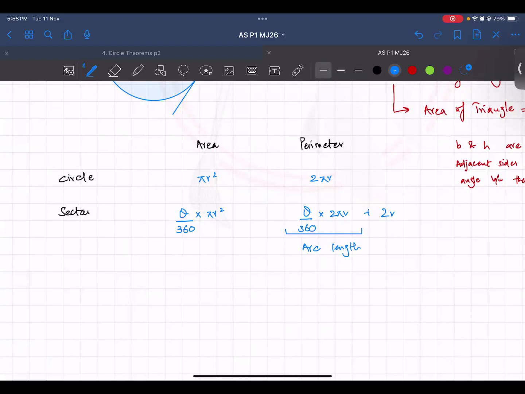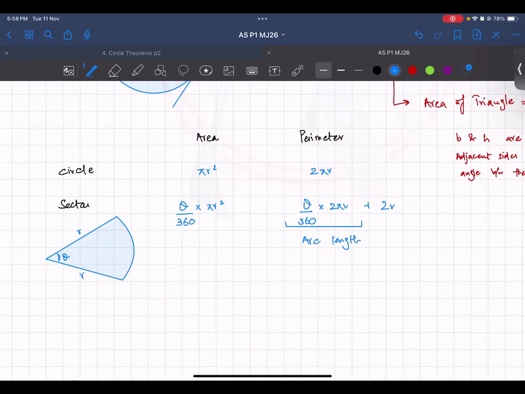If you have a sector like this, this is the angle of the sector, theta. This is the radius, this is the radius, and this part is the arc length.